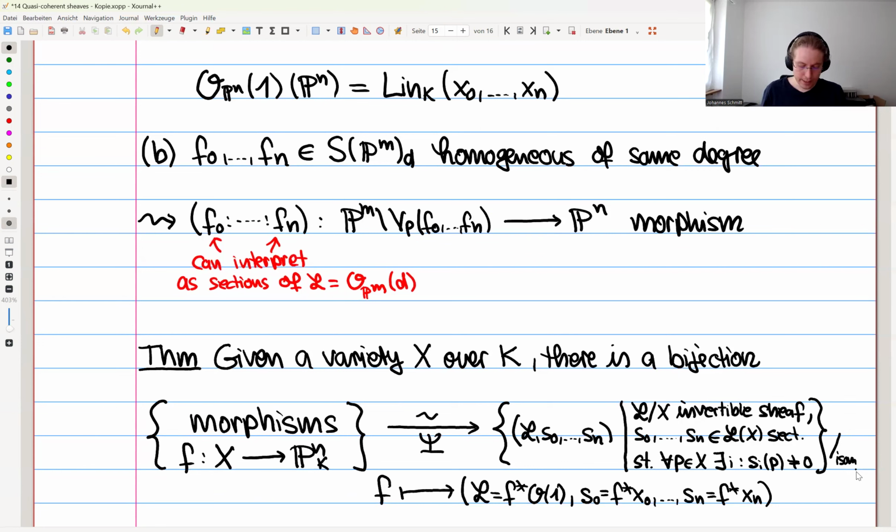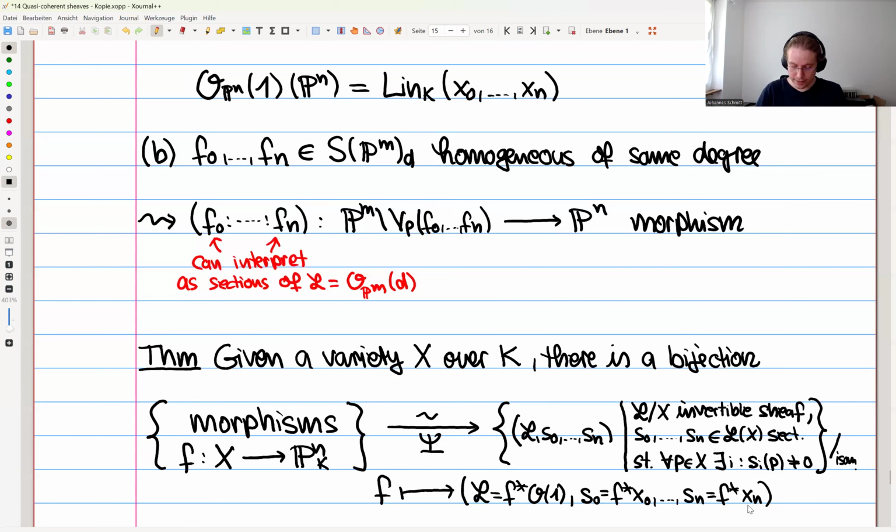But the basic idea, how you start from left and go to right, is you take such a morphism f, and then the line bundle that you obtain is just you pull back the line bundle O(1). This lives on Pn, and you pull it back under f, and then you get this line bundle L on X. And to get the sections, well, this O(1), as we have seen here, has n+1 sections, namely just associated to the coordinates x0 up to xn.